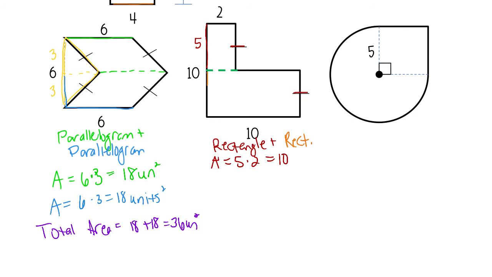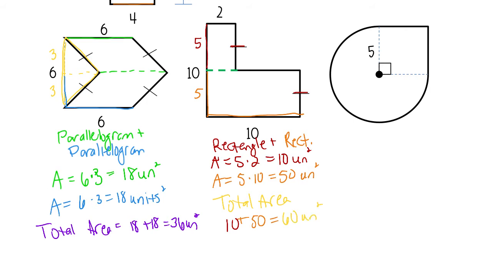Bottom rectangle, this length, like we said, is 5 as well. The bottom length is 10. So that area is 5 times 10, or 50. And these are both units squared. We want the sum, the total area. We'll do 10 units squared plus 50 units squared, and we get 60 units squared for our total area.